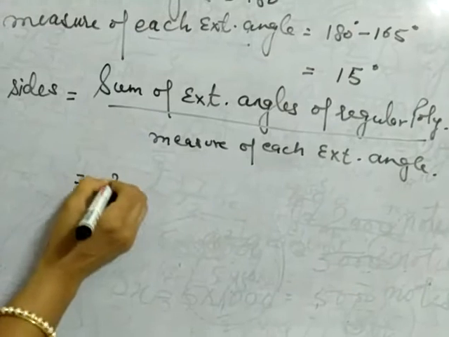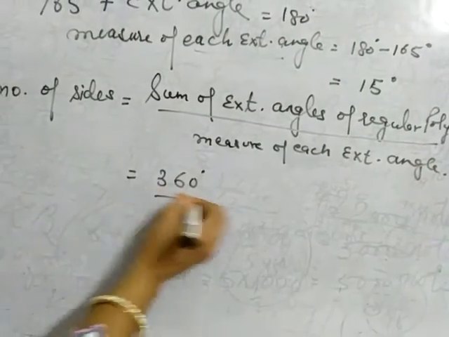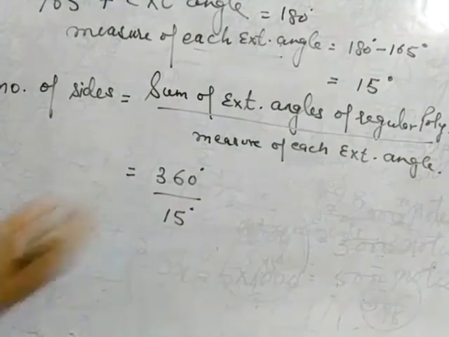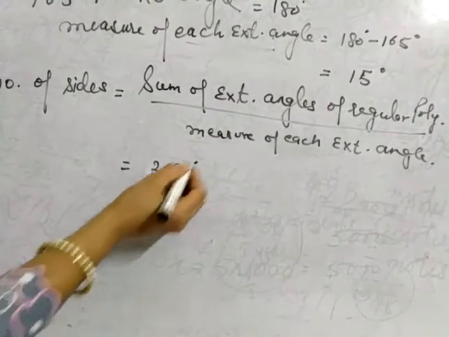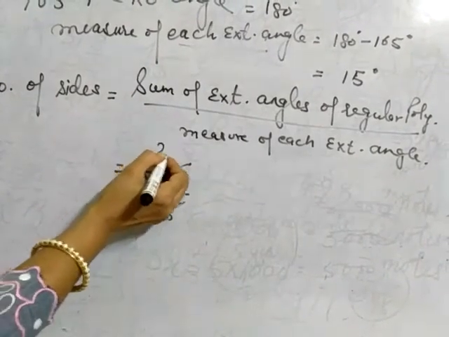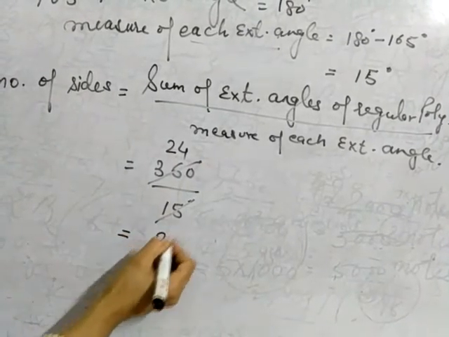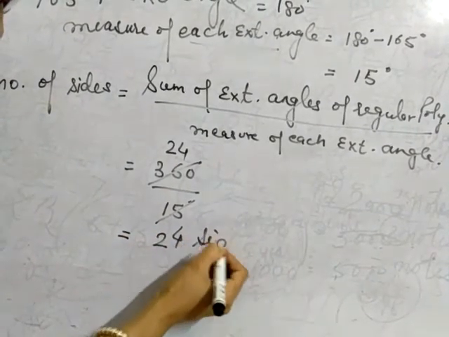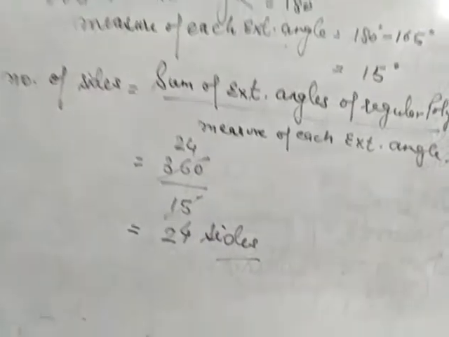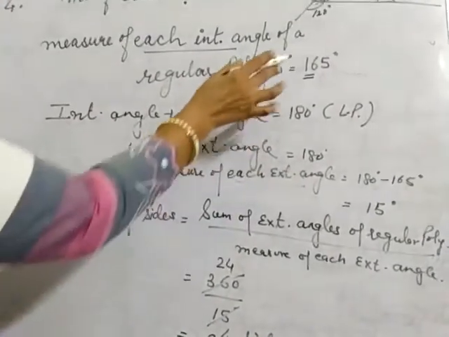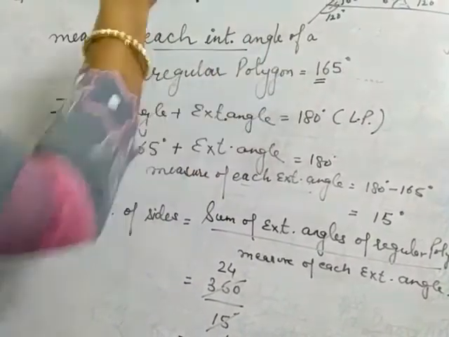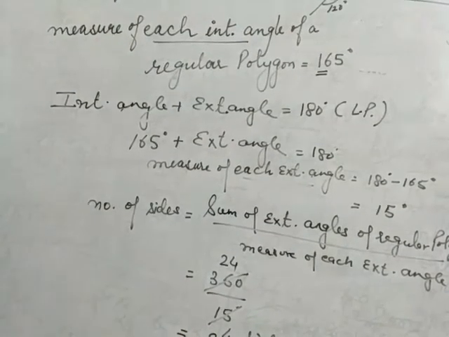So this is equal to 360 degree divided by each exterior angle, which was 15 degree. Do this cancelling. 15 2s are 30 and 15 4s are 60. So it comes out to be 24 sides of this polygon whose each interior angle was 165. The number of sides is 24.